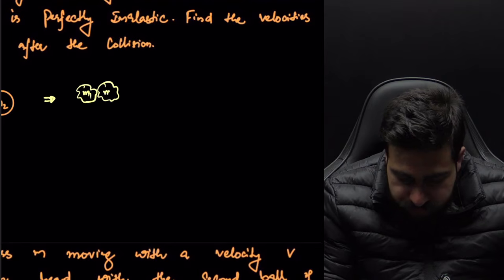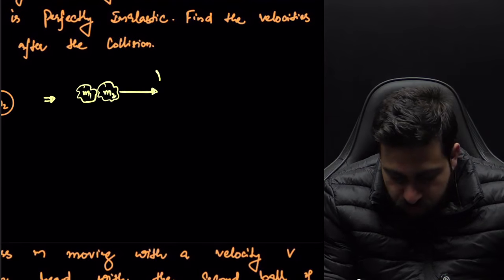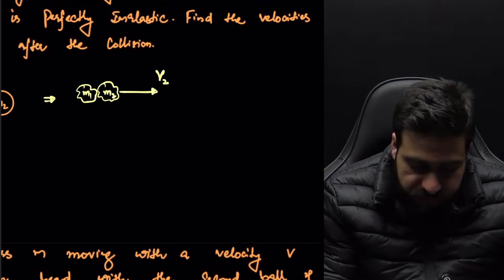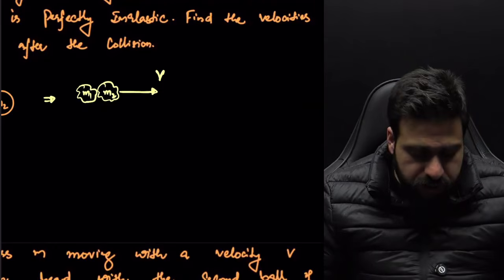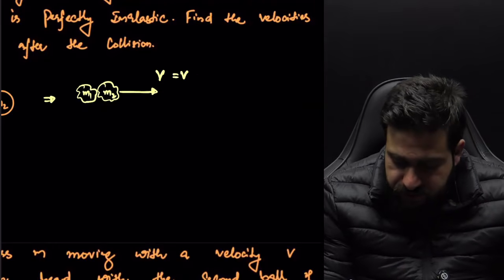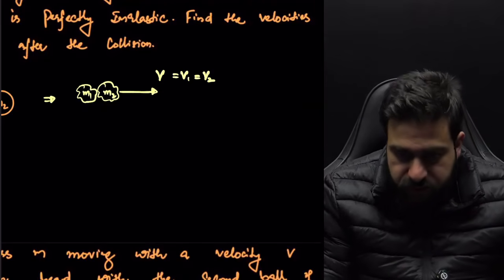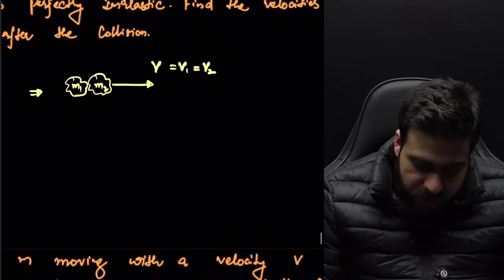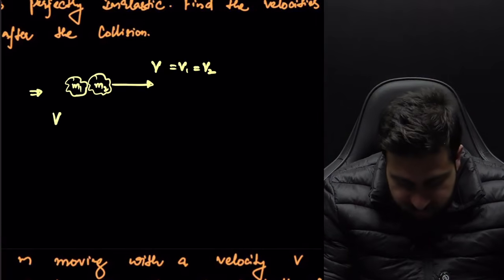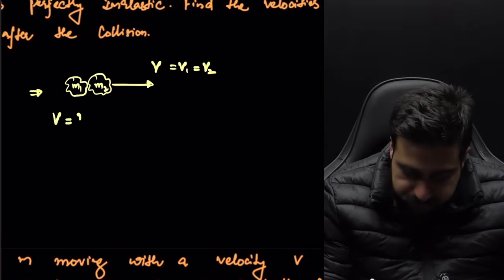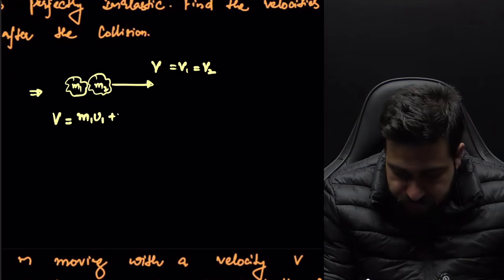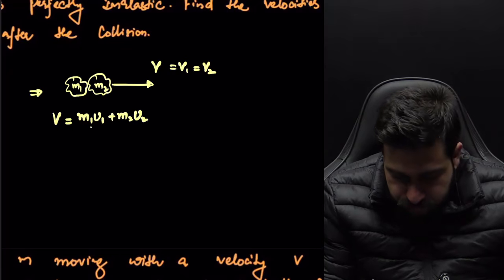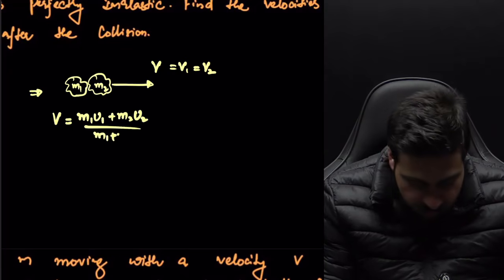This is m1, this is m2, and they will move with a velocity v, which equals v1 and v2. The value of this velocity is going to be m1 u1 plus m2 u2 upon m1 plus m2.